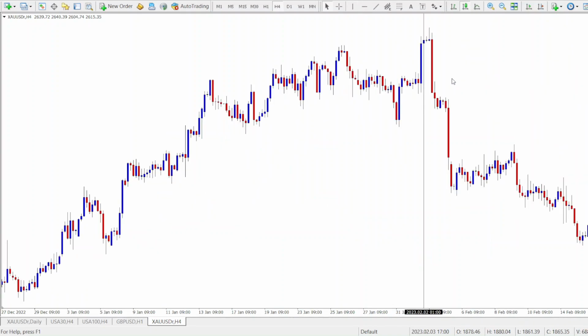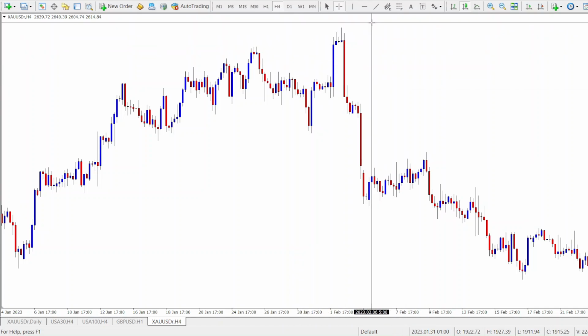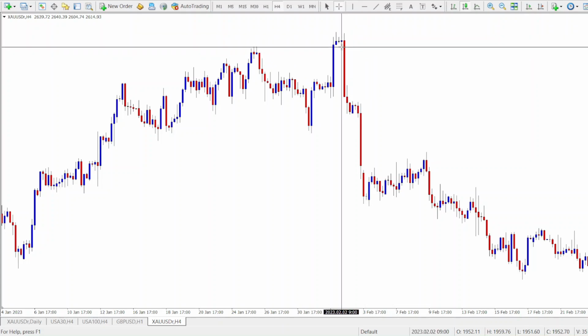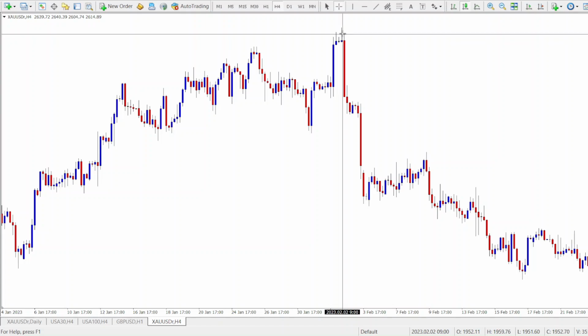Now, the shooting star is a candlestick with a small body and a long upper wick. As we can see here, I just use this vertical line to identify the place that I want to zoom into. We can see that the shooting star has a small body and a long upper wick.